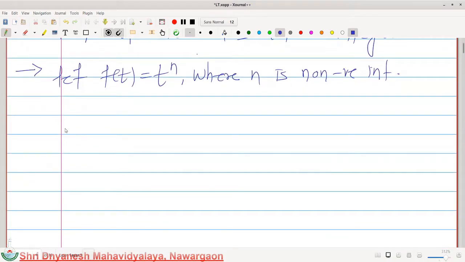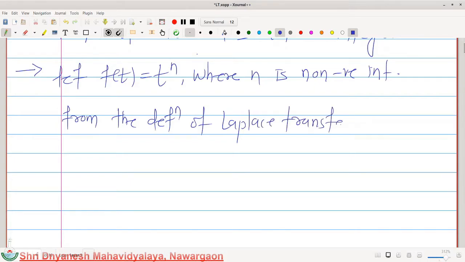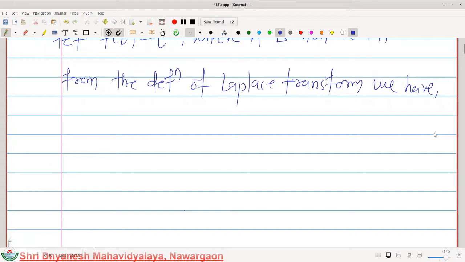Okay, from the definition of Laplace transform, we have, what is the definition of Laplace transform?